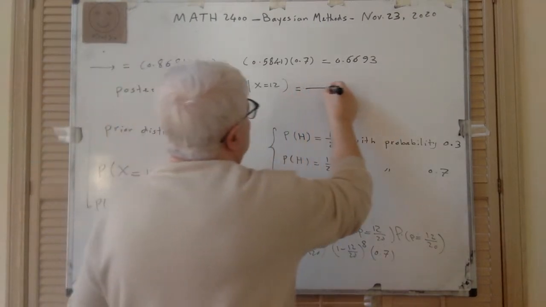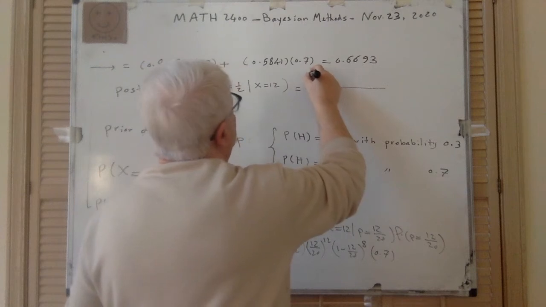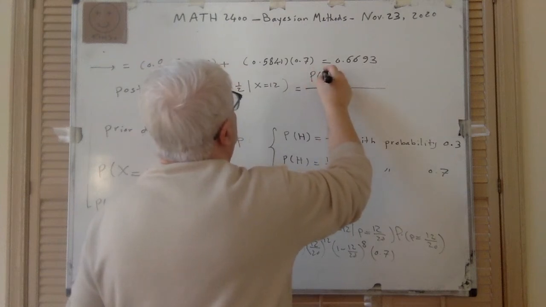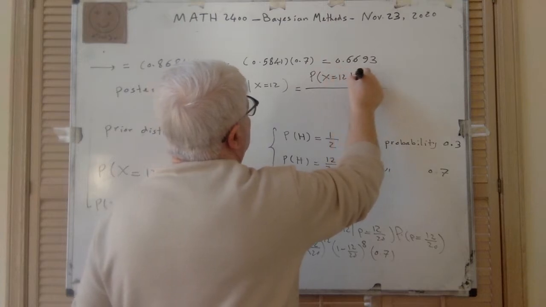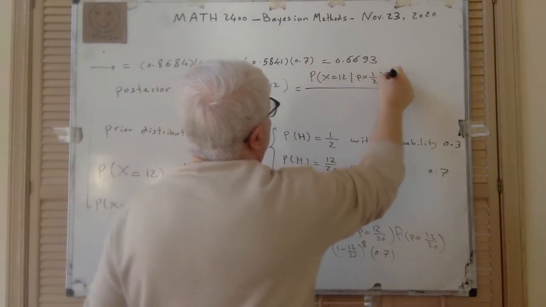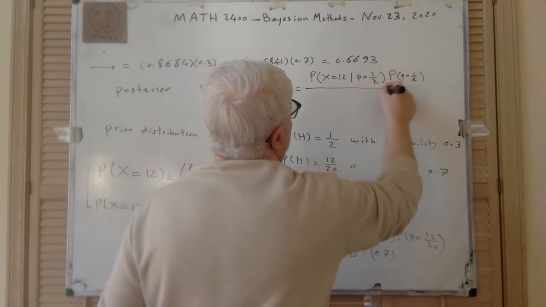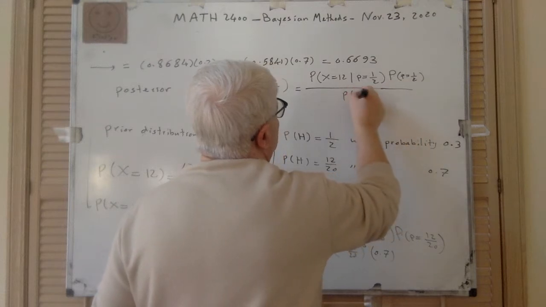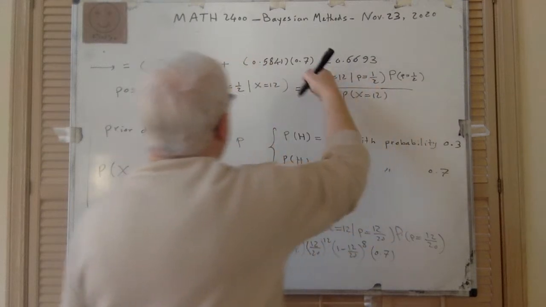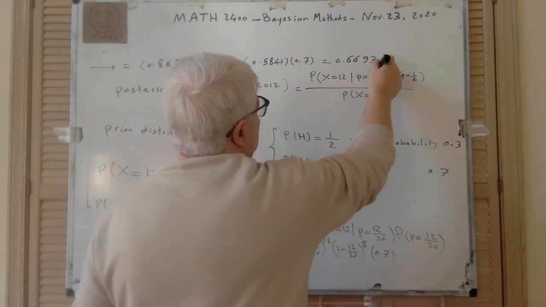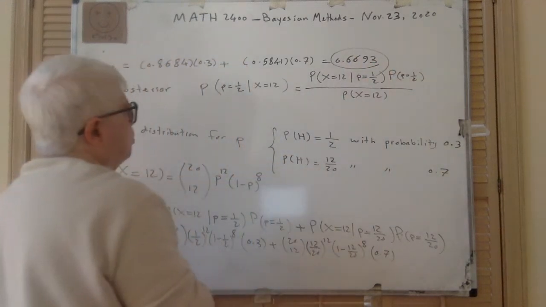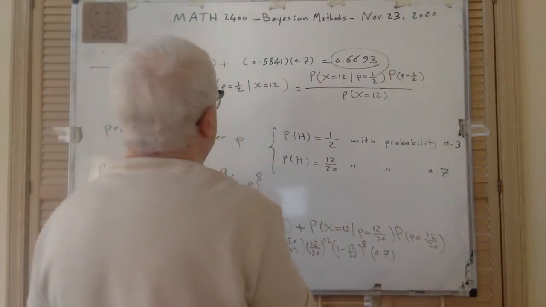So that is P of x is 12 given small p is 1/2 times P of small p is 1/2, divided by P of x is 12. This is why I need that. X is 12. This is in fact the denominator here.